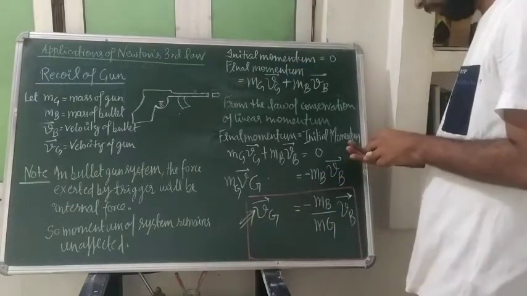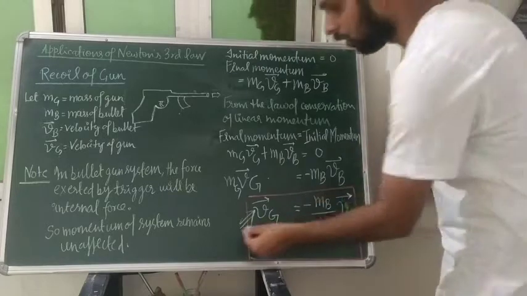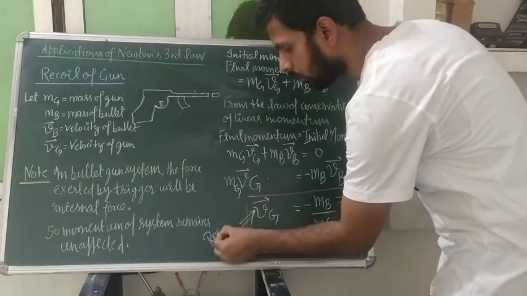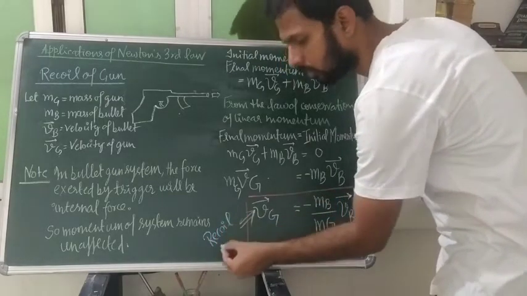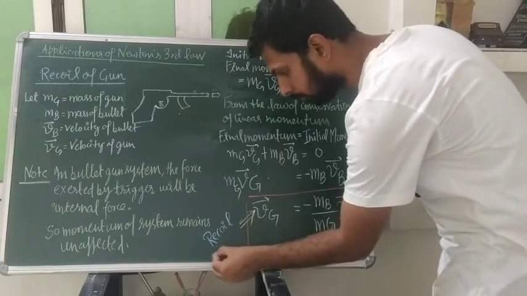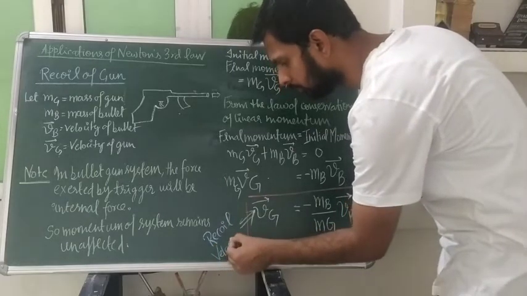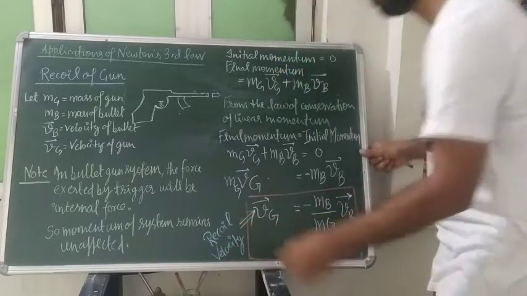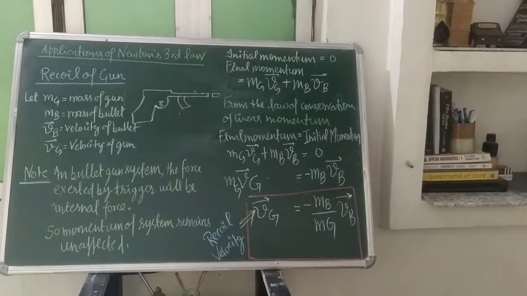It is called the recoil velocity. Okay? You can take this screenshot up to here.